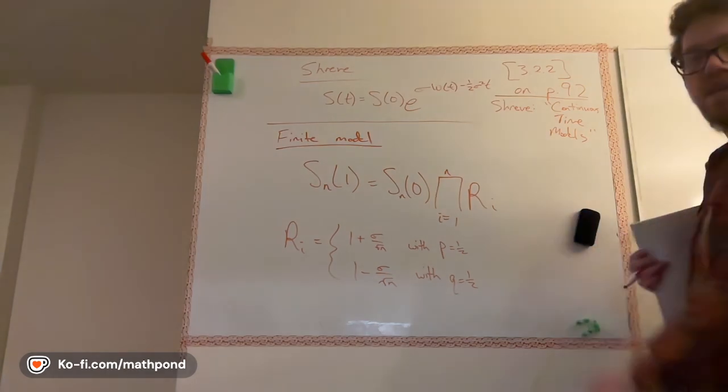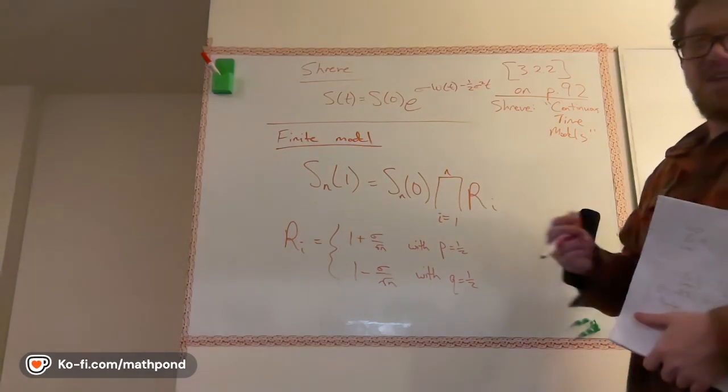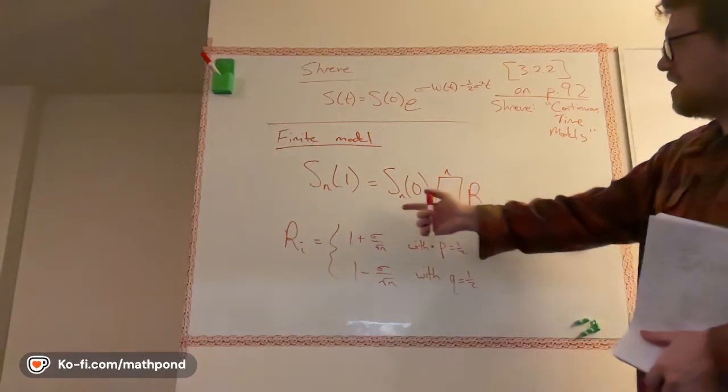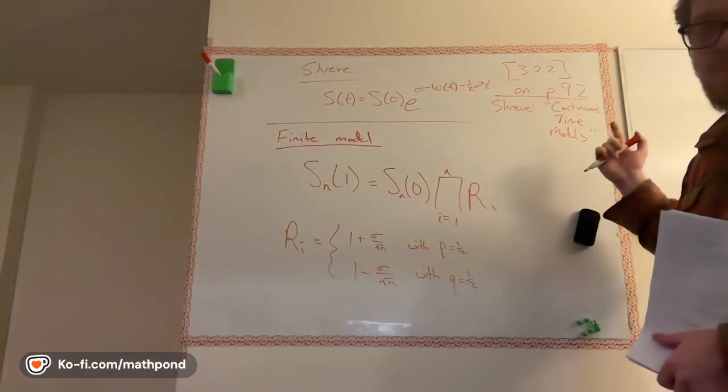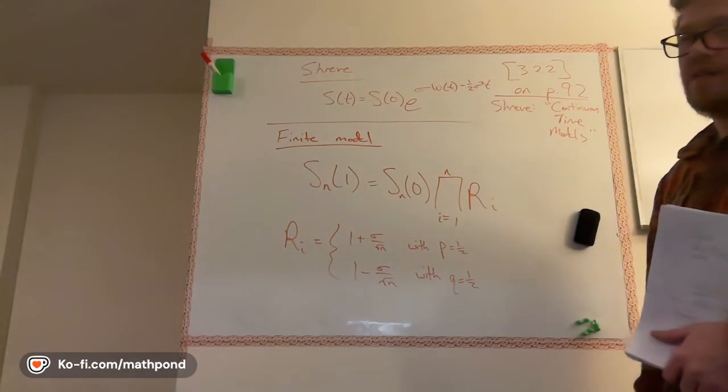Okay, and then the t part is just essentially going to say that if I go to time t, as n goes to infinity, I can just keep doing this. I can just multiply by more and more things until I end up at time t.